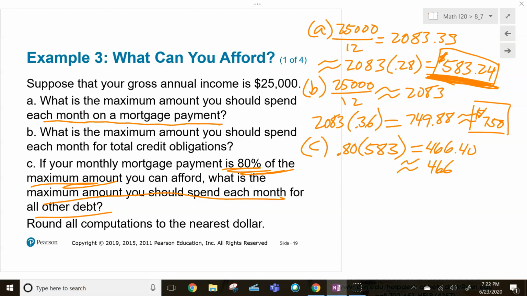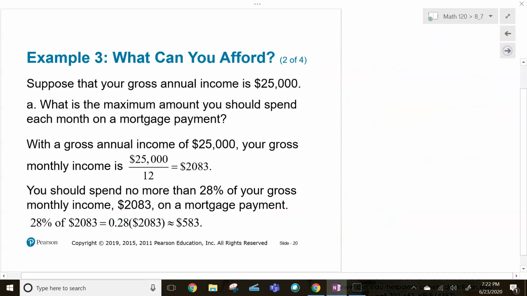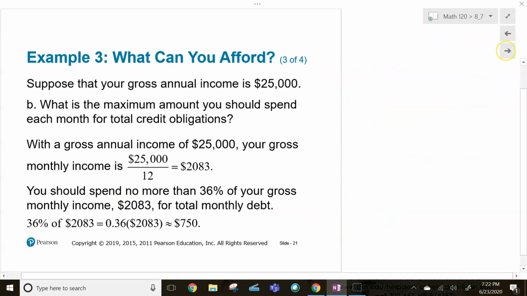Well, so what do you have left over? All your debts should total no more than 750. So 750 minus what you underspent on the mortgage, 466, leaves you with 284 left over for other debts. So you pay off other debts or whatever, right? This is just your walkthroughs on those.